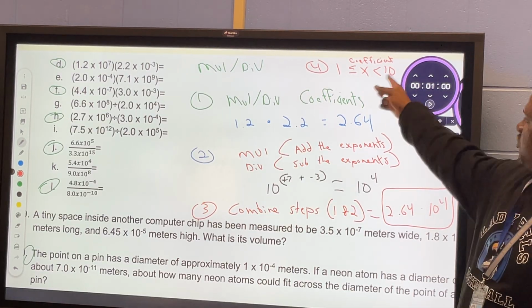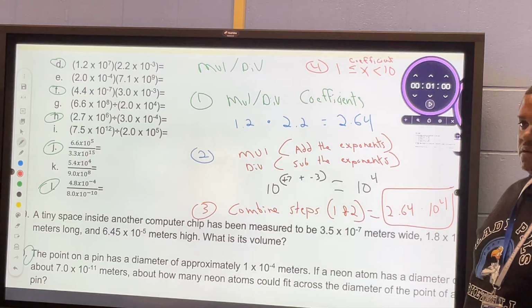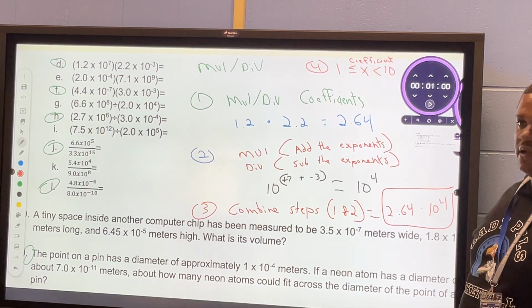How do I write that as an inequality statement? Anybody know? How do I graph that as an inequality?